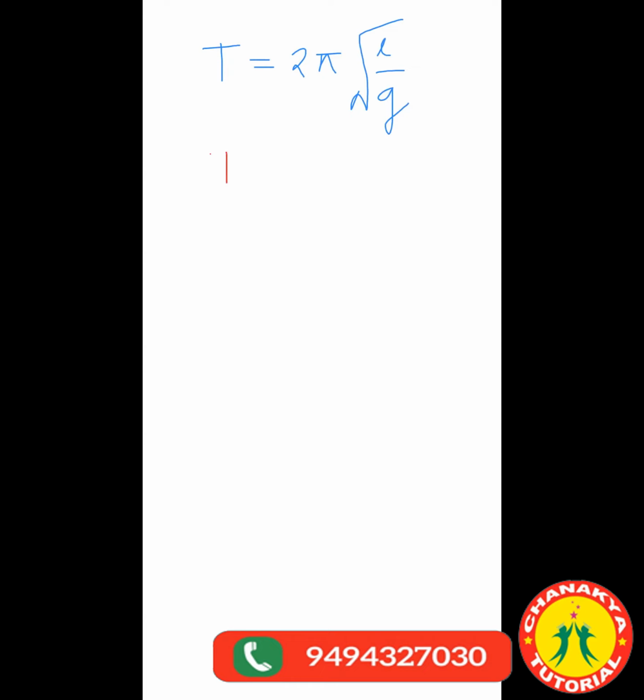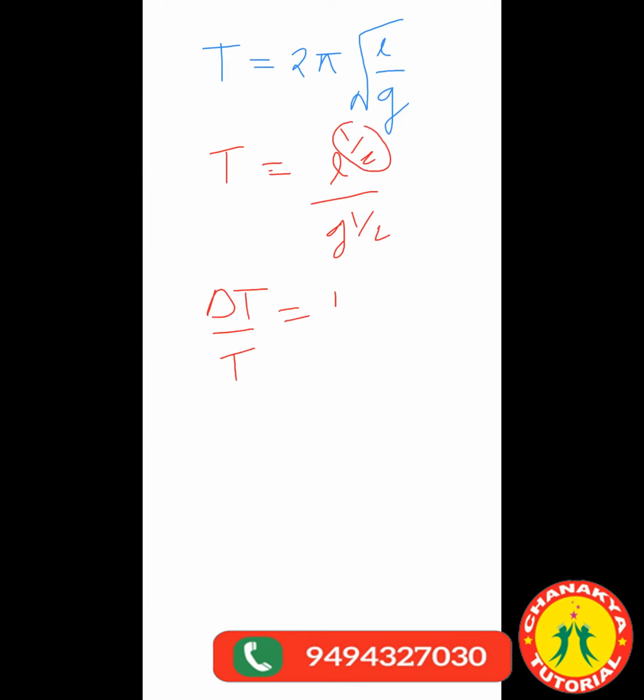So can I write this as, 2 pi is a constant? Forget about that, there is no change in 2 pi. So I can write L to the power 1 by 2 divided by G to the power 1 by 2, right? So how to calculate the error in T? It is simple. Delta T by T is equal to, here what is the power of L? 1 by 2.